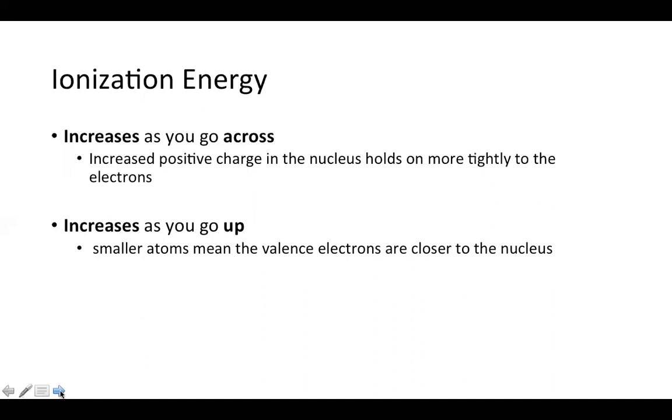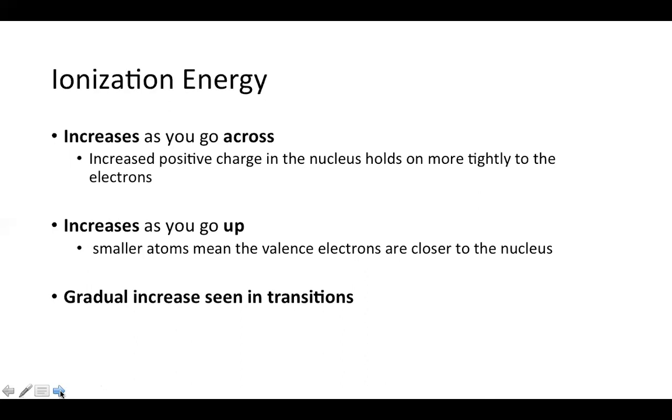The smaller the atom, the closer the valence electrons are to the nucleus, so the stronger the attraction. Again, you'd have to put more energy into removing the valence electrons from a smaller atom.